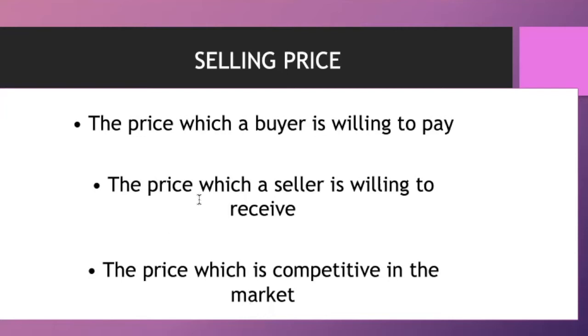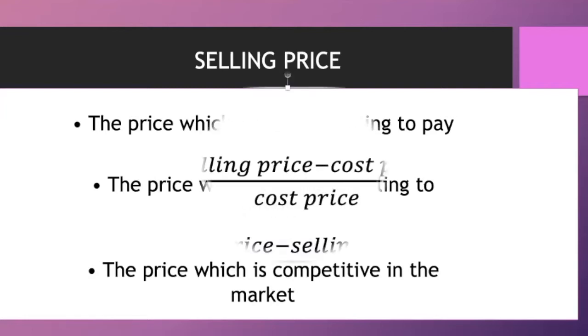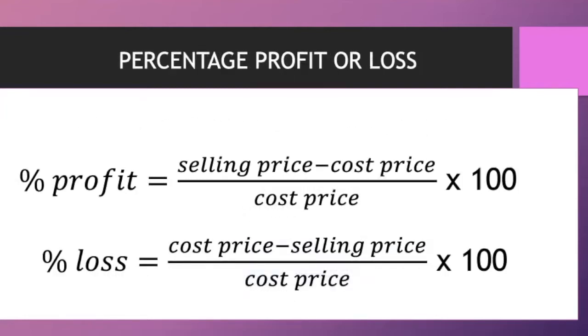So it is a price which a seller is willing to receive also. Sometimes we just have to be willing to receive it. So selling price has many definitions, but in the end, it is the amount that the seller will be receiving for selling the product.